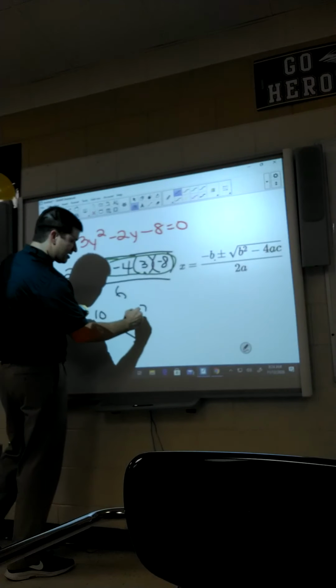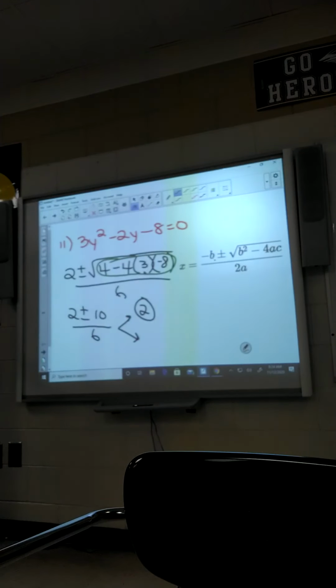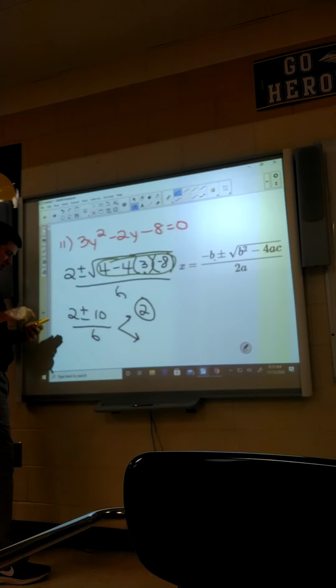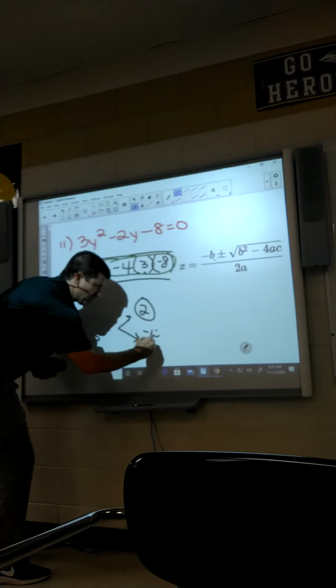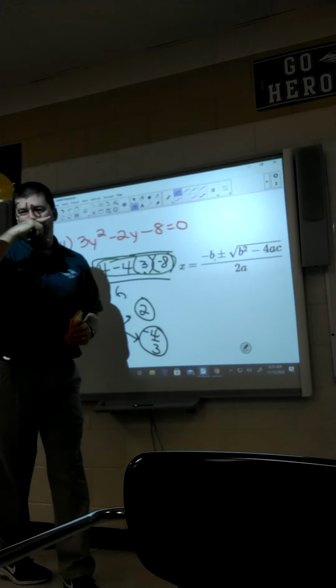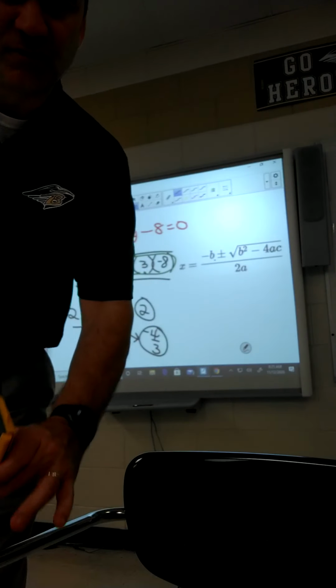My first answer, guys, I got 2. Y'all check my work. All right, so now how do I do the second answer? You can't do plus and minus at one time. You got to do them separate. So it'd be 2 minus 10 on top, and then 6 on the bottom, and it gave me negative 4 over 3. All right, so check your answers on the paper. Is that written down? 2 and negative 4 over 3.